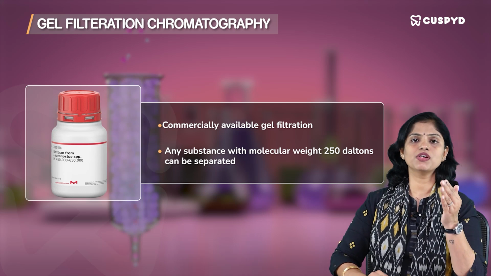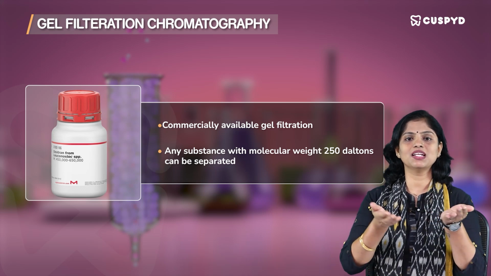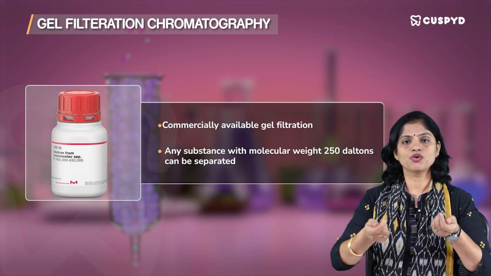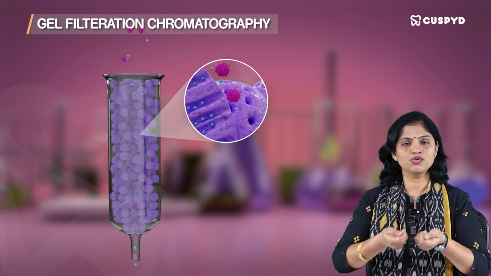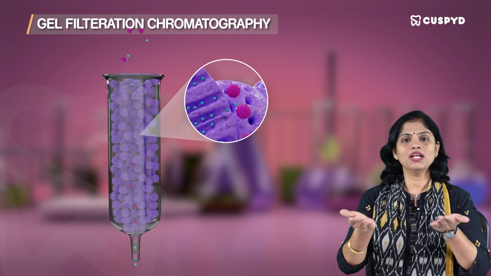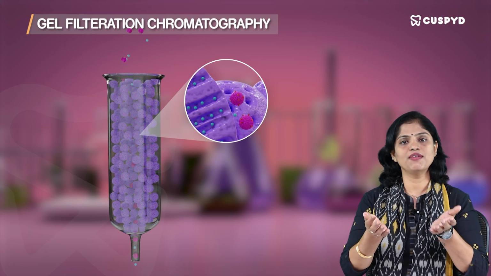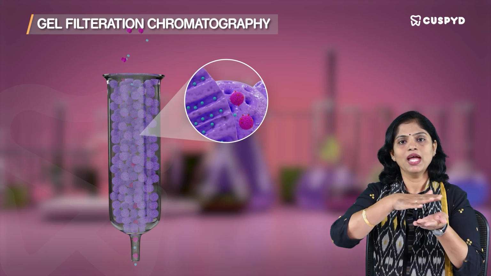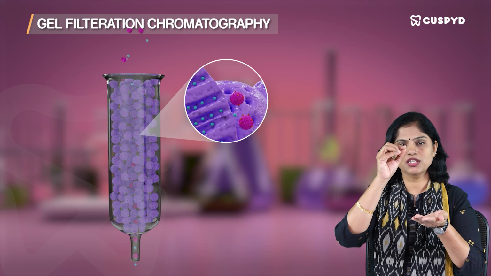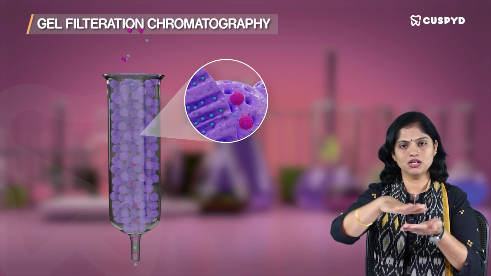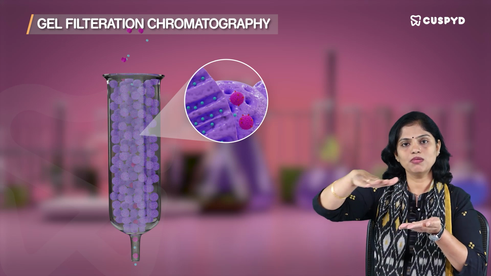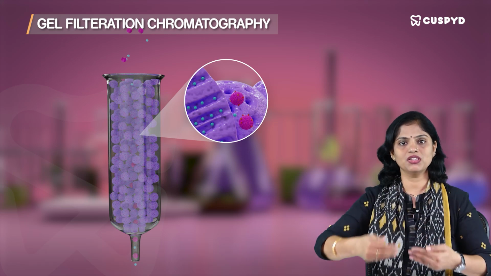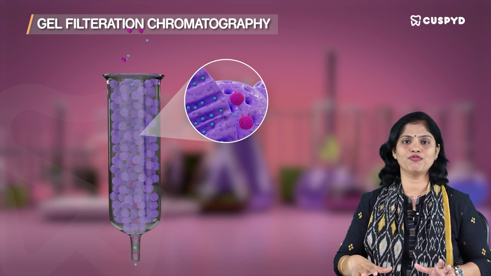Now, how does gel filtration chromatography work? This is exactly like your molecular sieve, like a sieve, or a channi, that you take. You put anything in it. Now, when you are using the sieve, what happens? Anything that is larger than the size of your sieve mesh will be retained on top of the mesh, and everything that is smaller will fall down.